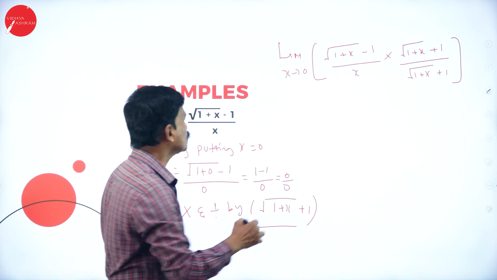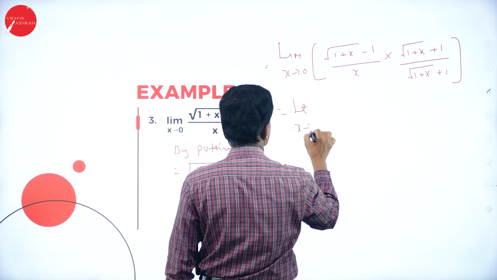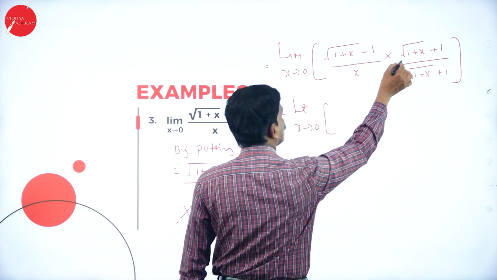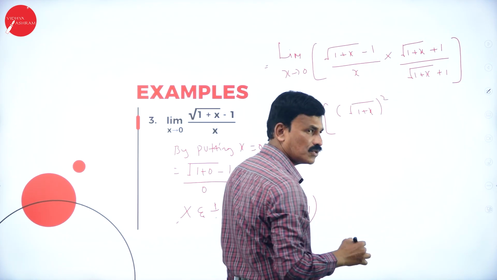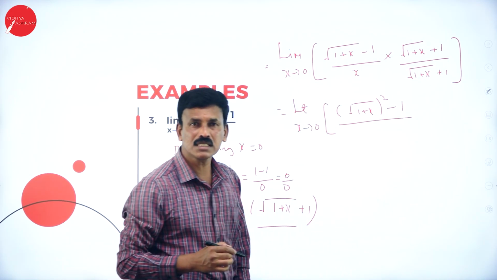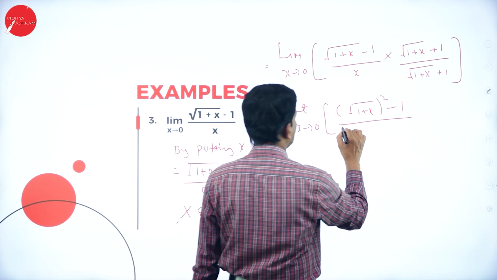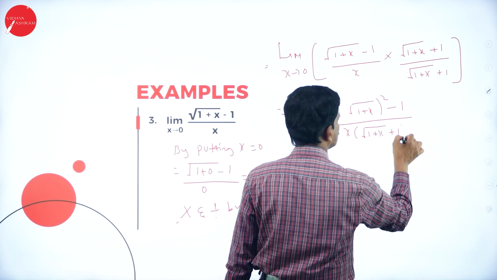So this can be written as limit x tends to 0 of root of 1 plus x into root of 1 plus x is root of 1 plus x whole square, minus 1 into 1, minus 1. It is minus 1 into 1 is 1. In the denominator you will get x into root of 1 plus x plus 1.